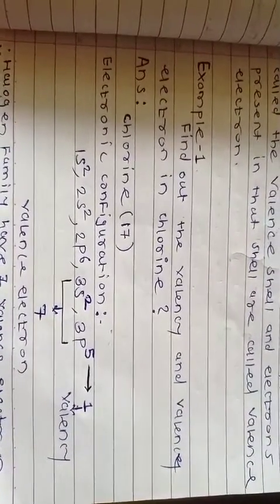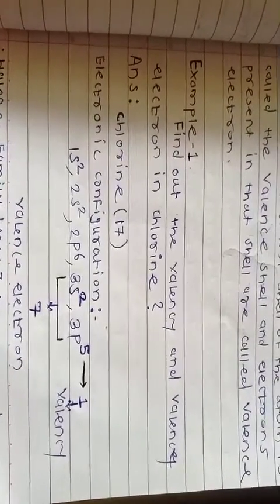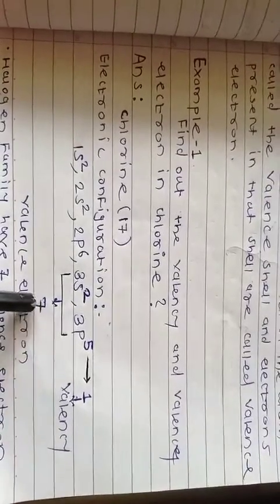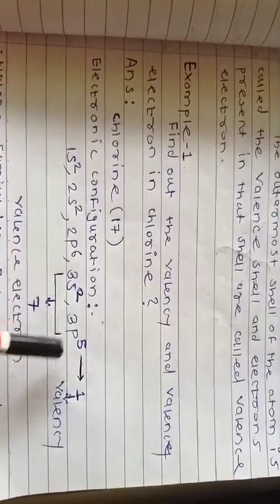So we know the valence electrons are the electrons present in the last shell of the atom. Therefore there are 7 valence electrons in chlorine. Now let's understand valency.